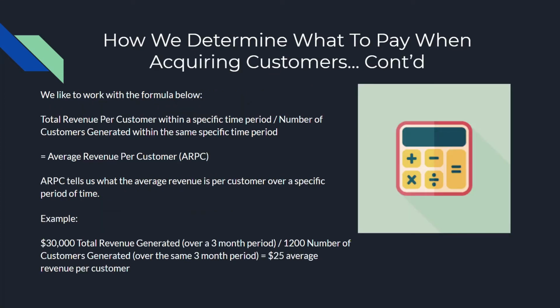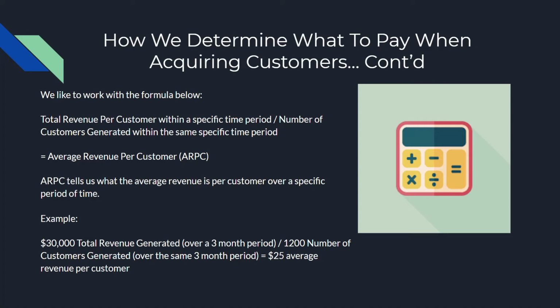To determine what to pay, we like to use this formula: total revenue within a specific time period divided by the number of customers generated within the same time period gives you the average revenue per customer. The ARPC tells us the average revenue per customer over a specific time period.